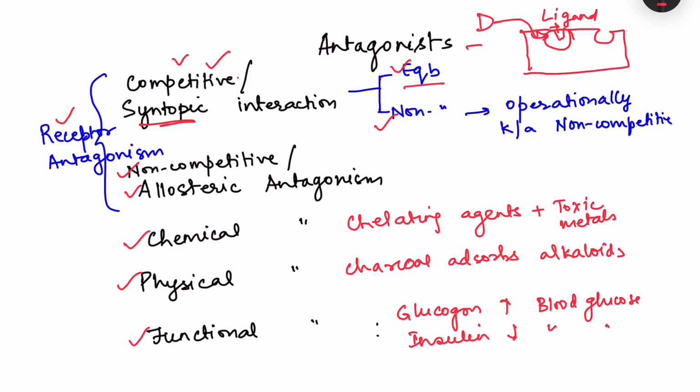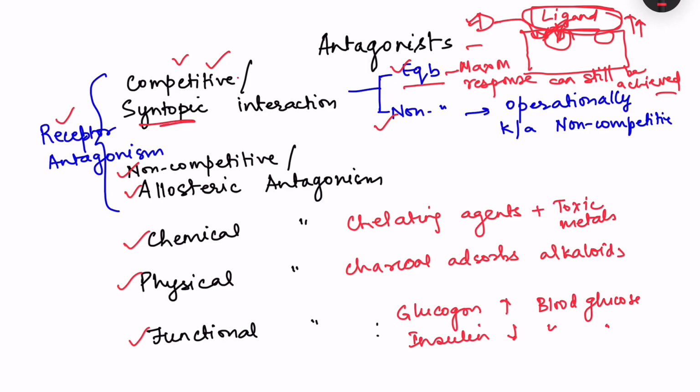However, if you increase the concentration of the ligand, it will compete with the drug more and be able to bind at the site. So the maximum response can still be achieved. However, to achieve this maximal response, you need a higher concentration of the ligand.